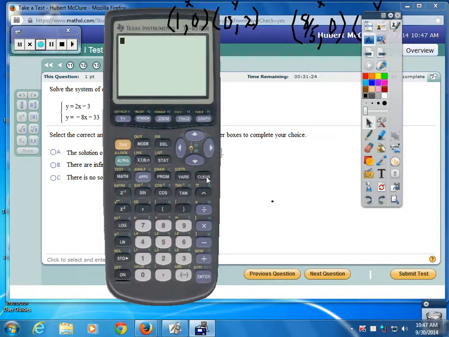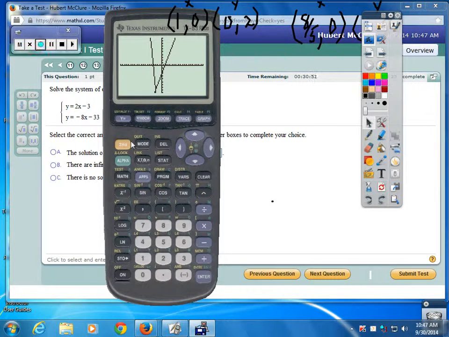In the top left hand corner of your calculator, above the orange or yellow button, type in y is equal to 2x minus 3, and then y sub 2 is going to be negative 8x minus 33, and hit graph. There's the two graphs.